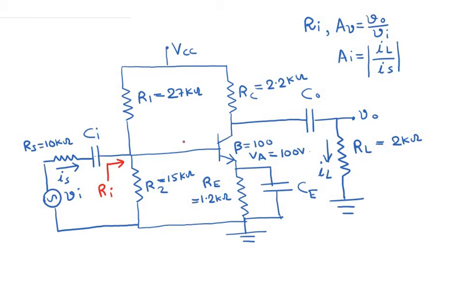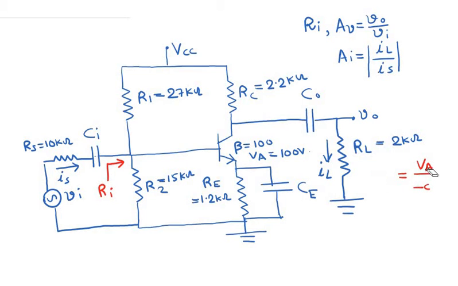We also need small r0 to find the gain of the transistor amplifier. R0 is equal to VA divided by the DC component of the collector current, which we call ICQ or simply capital IC. So we also need to find the DC component of the collector current.